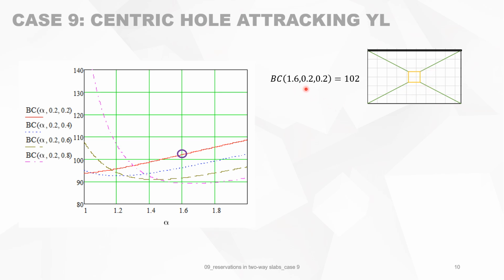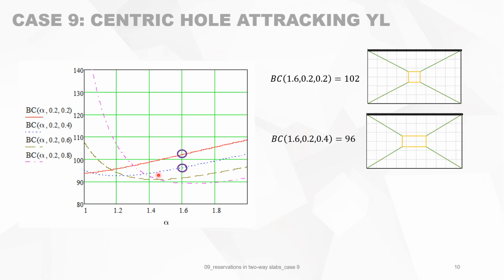The 1.6, 0.2 and 0.2 looks in fact like that, and it gives you a bearing capacity of 102. So it means that making a hole or a reservation in the middle of the slab, you in fact do not change the bearing capacity of the slab. Instead, theoretically, you augment it because this load disappeared.